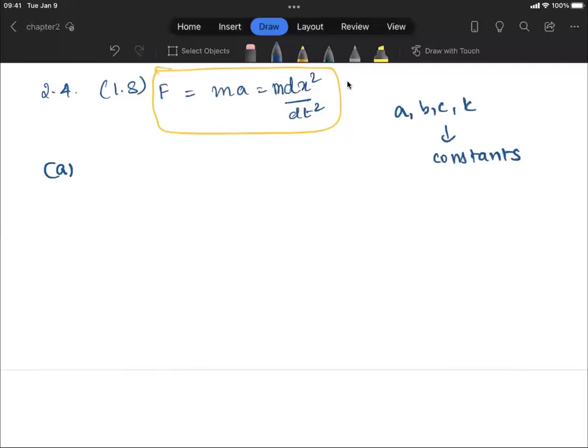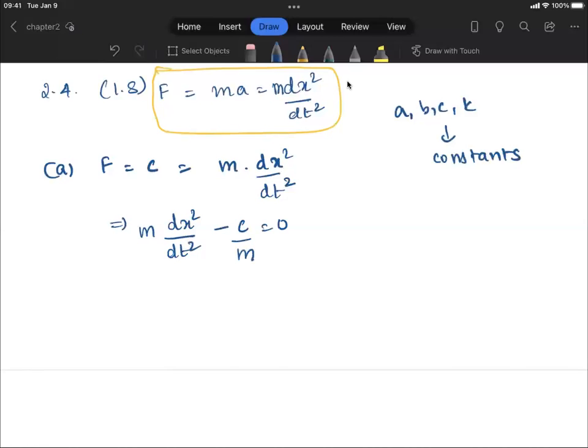So in part A, we have F is equal to C. And this is equal to N times d²x over dt². So this is of the form d²x over dt² minus C equals 0, or I can just divide everything by N and have a form like this.